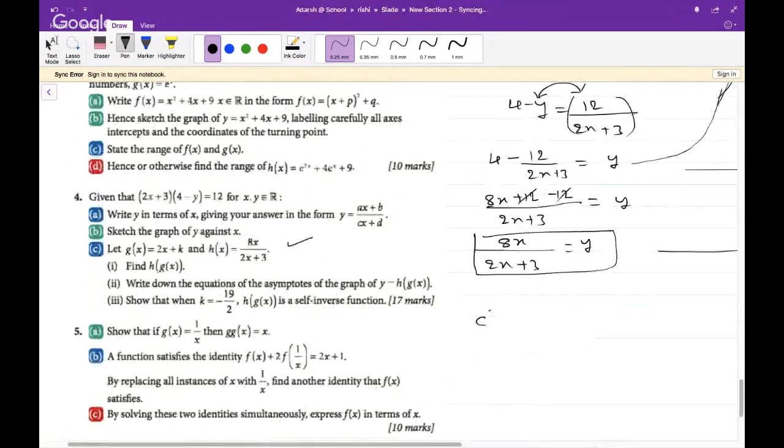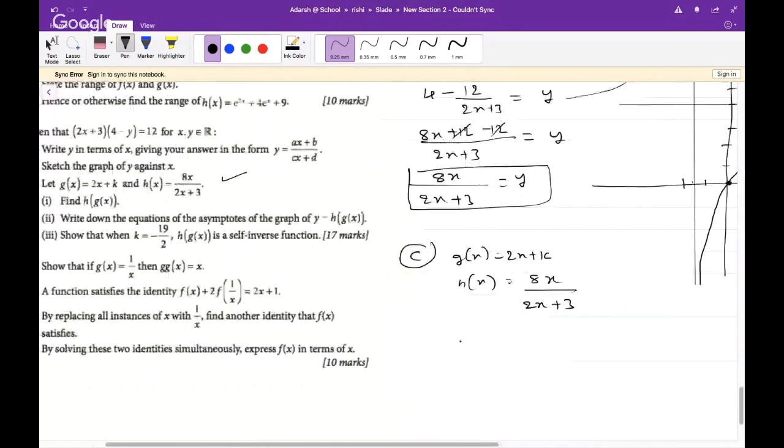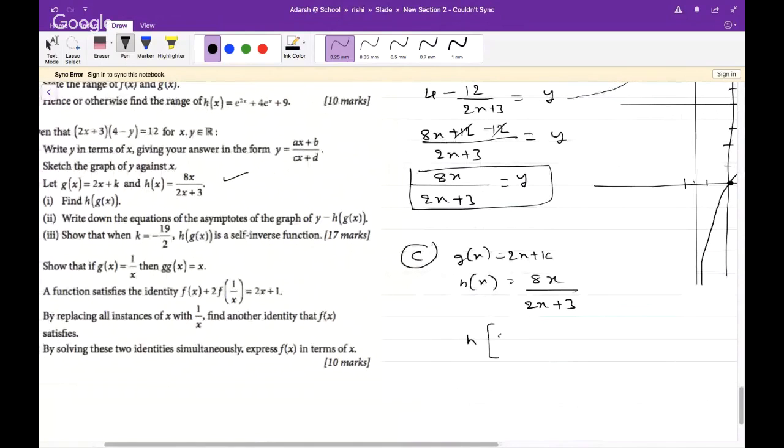Next, part C of the question. Part C says g of x is equal to 2x plus k and h of x is equal to this function, 8x divided by 2x plus 3. Now h of g of x. So the innermost function is g of x. So h of 2x plus k.